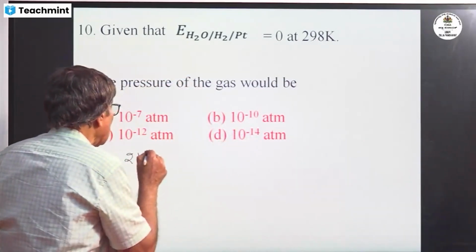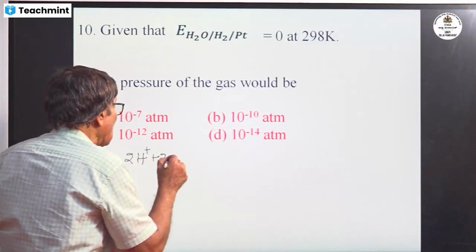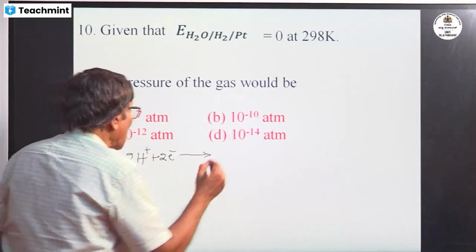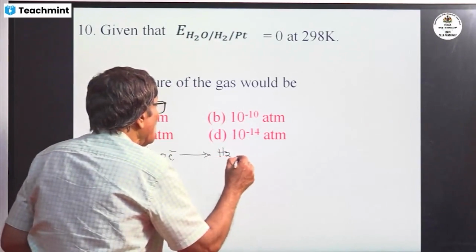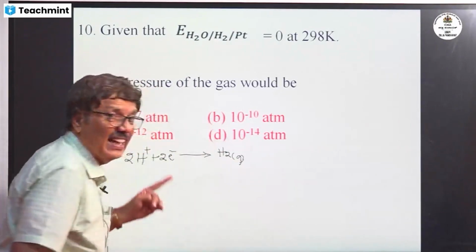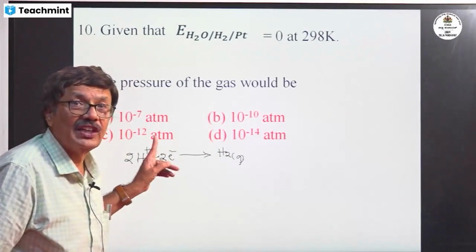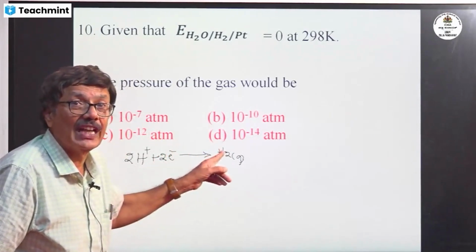2H+ + 2 electrons, reduction means gain of electrons, gives H2 gas. This is the reduction reaction taking place in the hydrogen electrode.